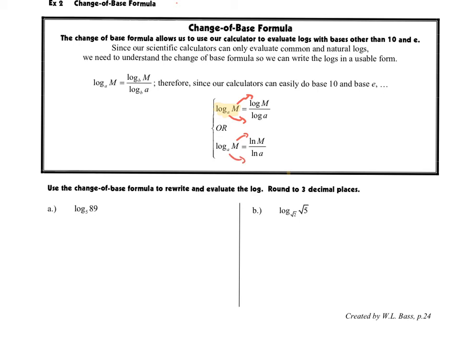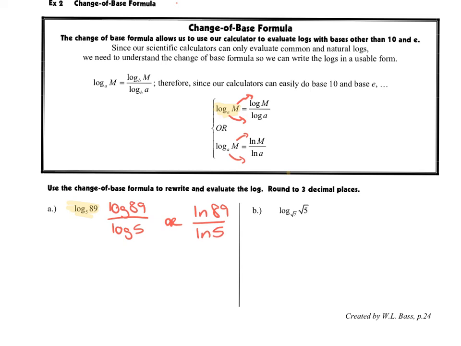So just real quickly, if we come down here, let's say that we needed to figure out what log base 5 of 89 is. Now that doesn't directly type into most of our calculators, so I can rewrite this with change of base as a log 89 over a log 5, and then we're back to some calculator work, or I can write it as a natural log of 89 over a natural log of 5.